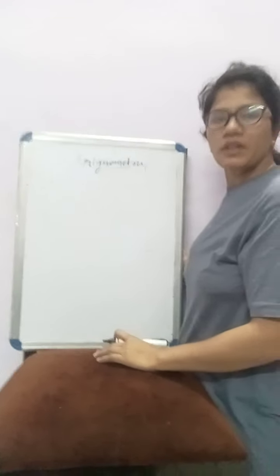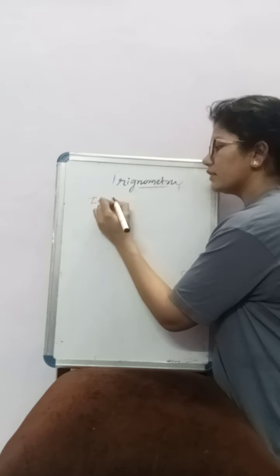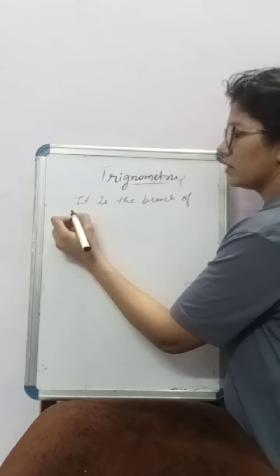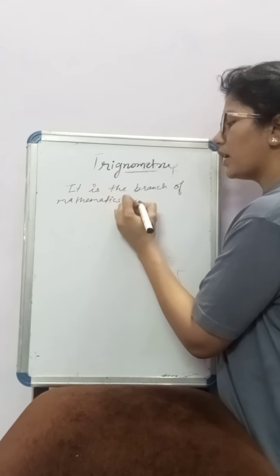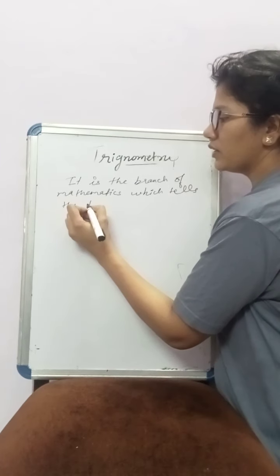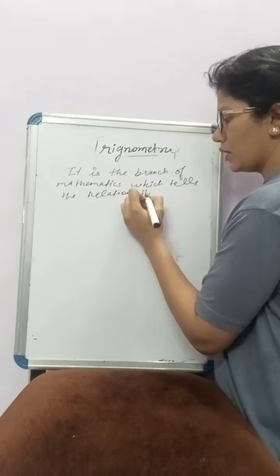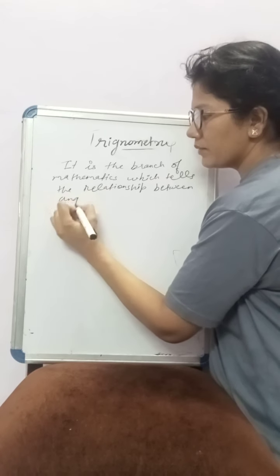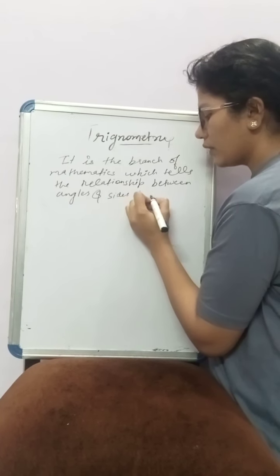Let's start the chapter trigonometry. Trigonometry is the branch of mathematics which tells about the relationship between angles and sides of a right angle triangle.